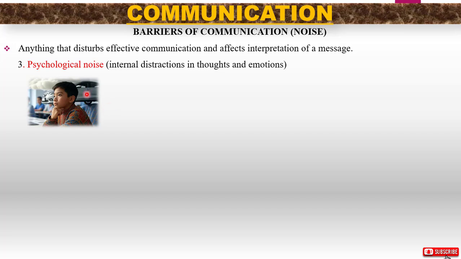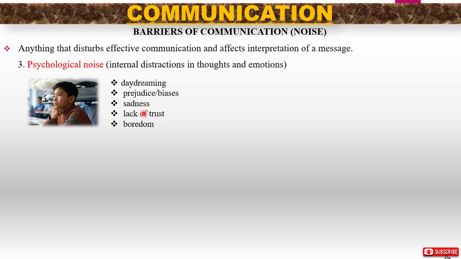So what are some examples of psychological noise? We have daydreaming, as we have explained. We have prejudice or biases. If you have prejudice against someone, a preconceived idea about something, it will affect how you receive information from that source. Also, if you are sad, it is a psychological and emotional well-being of the individual. It will be classified as a psychological noise.